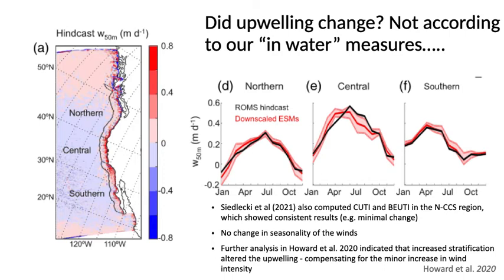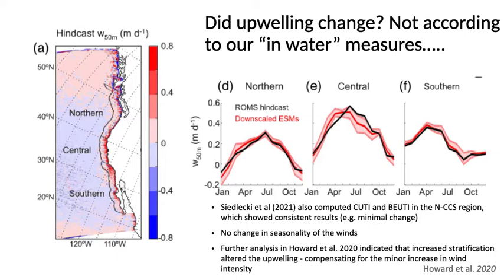So what is responsible for that modification? One idea is that upwelling may have changed, and of course this is one that's been discussed in the literature quite a bit. Evan Howard, as part of his paper examining the 12 kilometer simulation changes, looked at the winds, as did we in the paper that I led recently for the California Current.